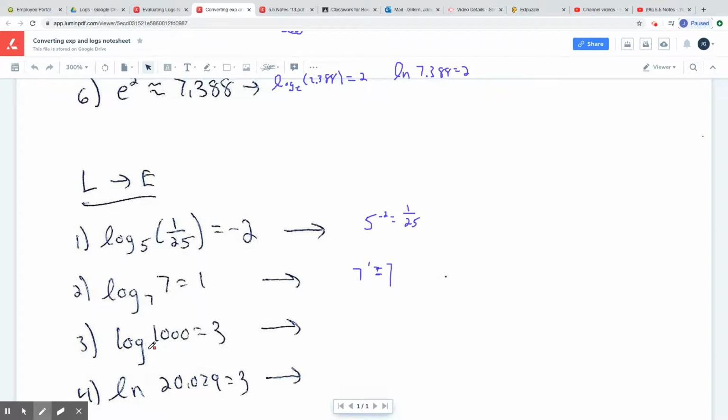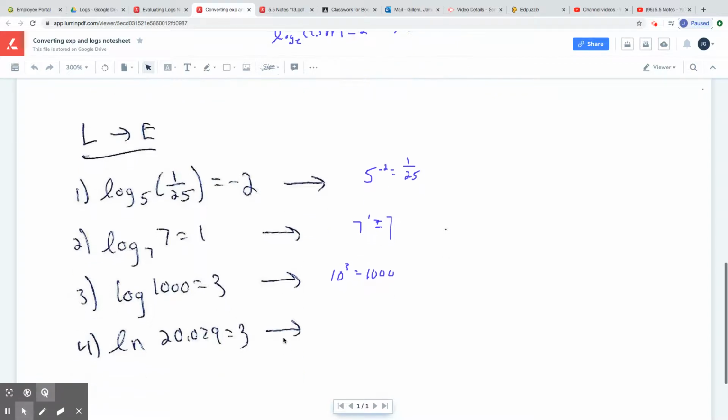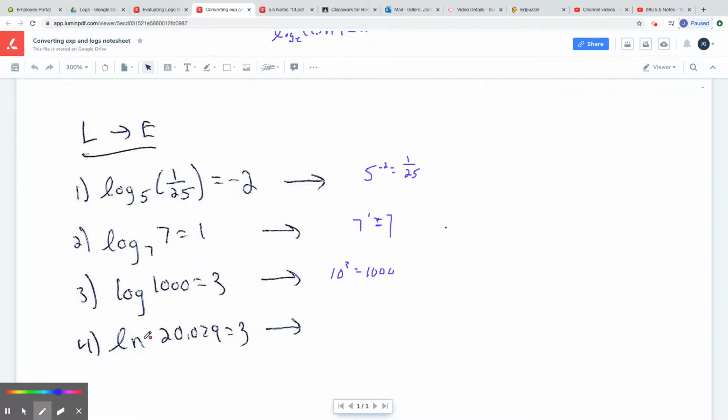Right here, there is no base. So what is the base? It's 10. 10 to the right, which is 3, equals back to the left, 1,000. Natural log: what's the base of a natural log? e. e to the third equals, this isn't correct. I think I wrote something down wrong here.